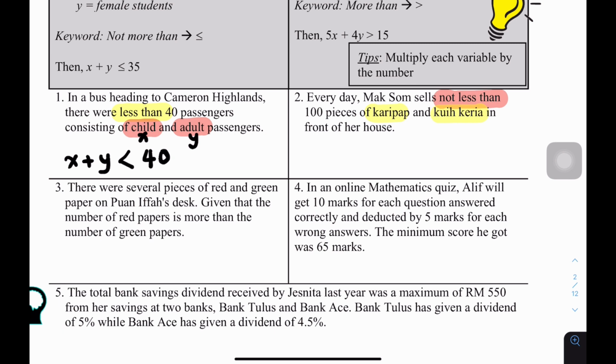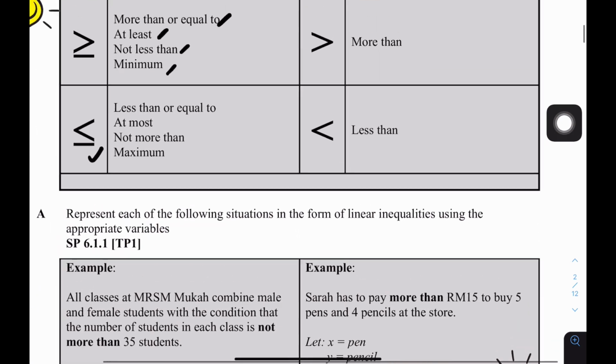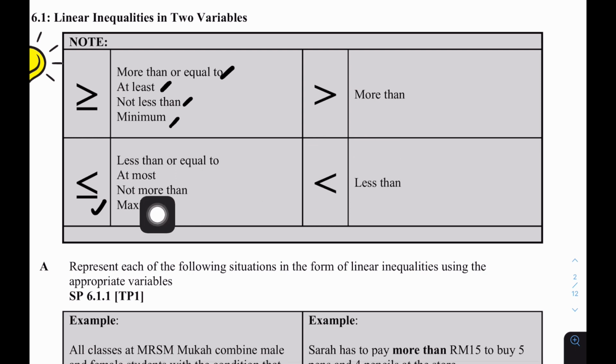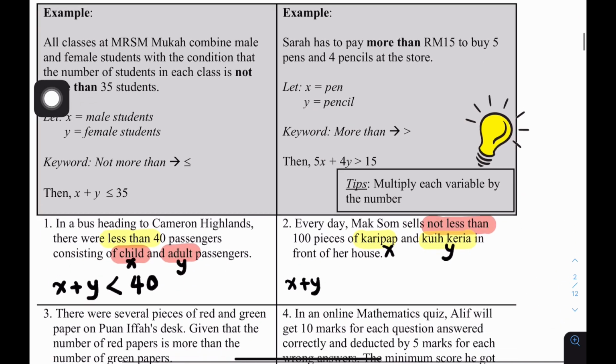Kita boleh labelkan, for example, curry puff is X, kuih keria is Y. So we have X plus Y. Not less than. Kita tengok balik kita punya nota tadi. Not less than, ini. Tidak kurang daripada, dia mesti lebih. So kita pakai simbol ini. So not less than, lebih besar atau sama dengan 100 pieces.